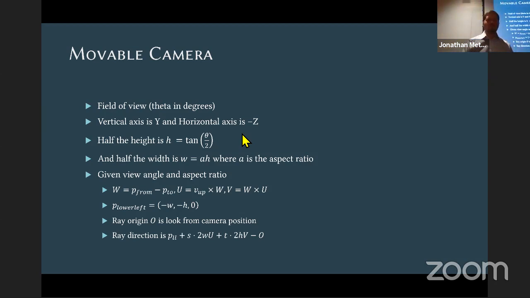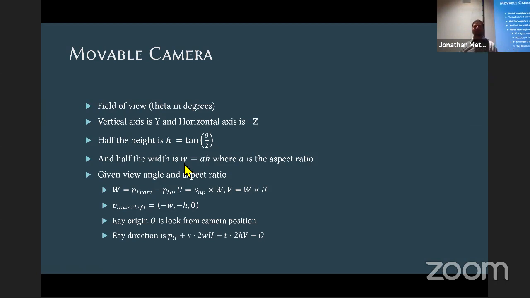Now, if we were to draw out the field of view here, and we were to take the tangent of theta over 2, then we would get half the height using this one. And so we could use the half height then to calculate the width by using the aspect ratio.